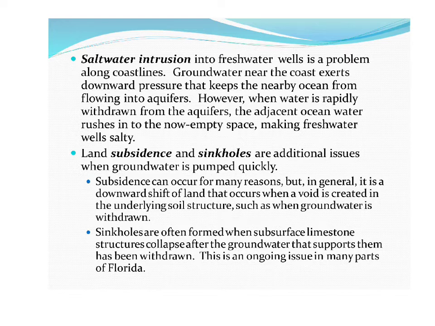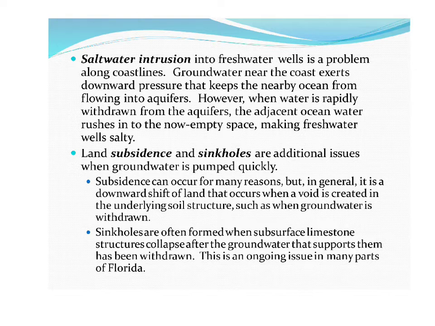All right, saltwater intrusion into freshwater wells is a problem along coastlines. So I want you to think about where the land meets the ocean. Groundwater near the coast exerts a downward pressure that keeps the ocean from flowing into freshwater aquifers.